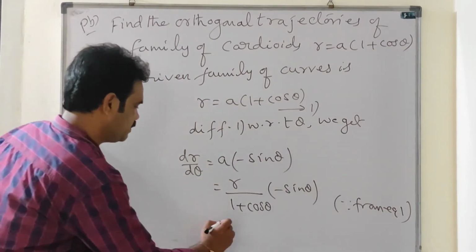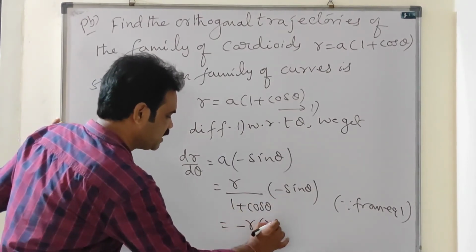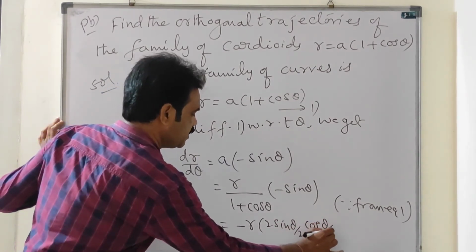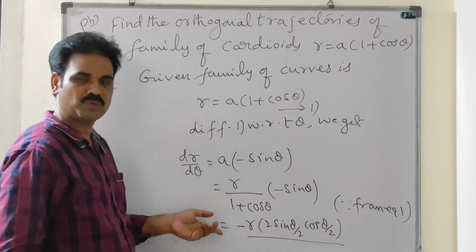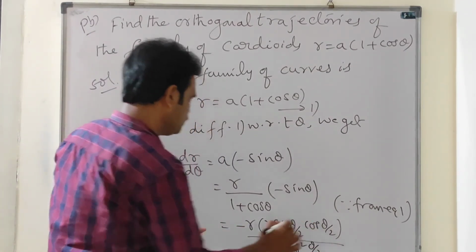Okay, that is equal to minus r sin theta, which can be written as 2 sin theta by 2 cos theta by 2, all by 1 plus cos theta, which can be written as 2 cos square theta by 2.